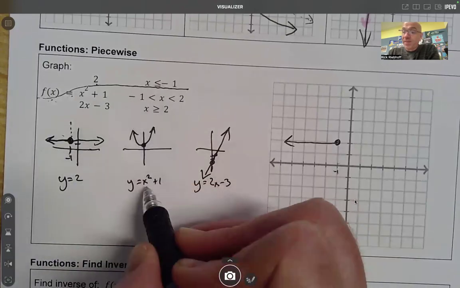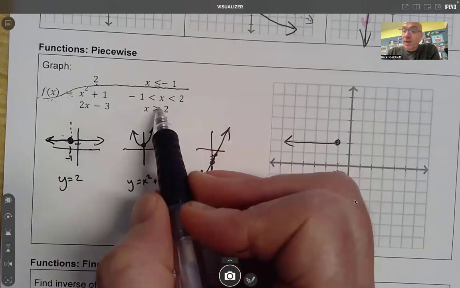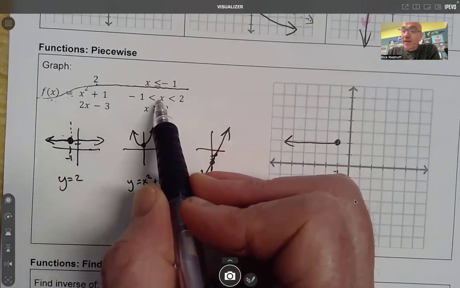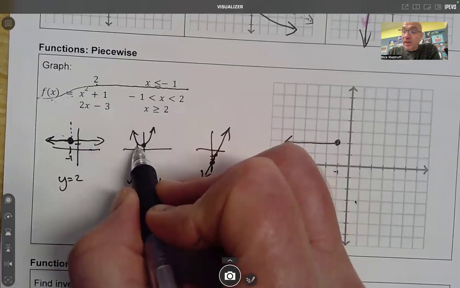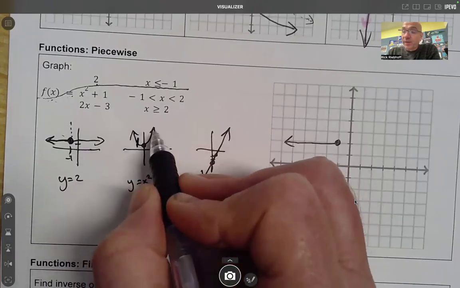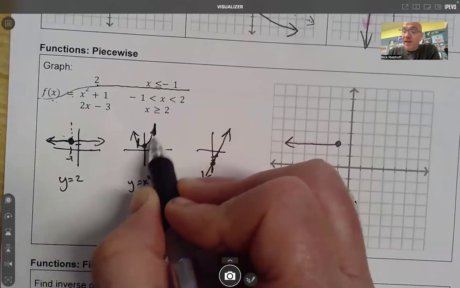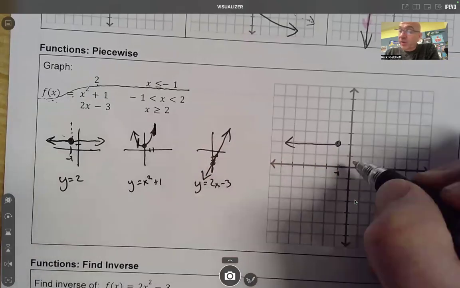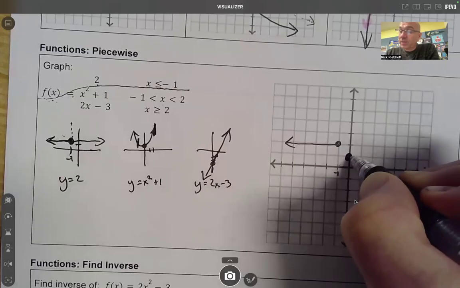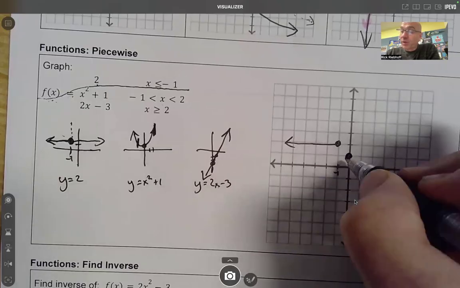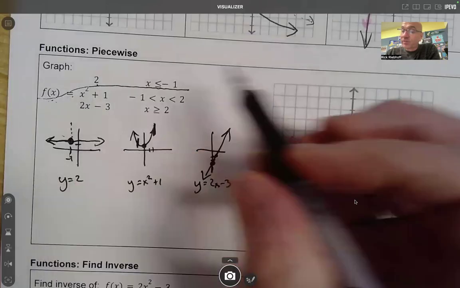Cool. All right, this one here, I'm going to take from between -1. So I'm going to start here, and I'm going to go until we get to +2. So 1, 2. Okay, so I'm going to take that and copy and paste. All right, so I know it goes through here. I know how parabolas work, over 1, up 1 if there's nothing else going on.